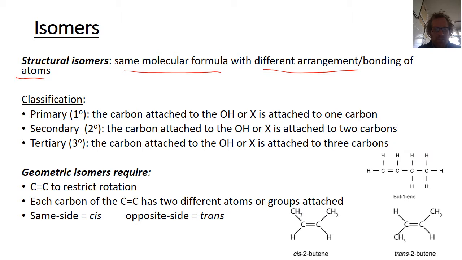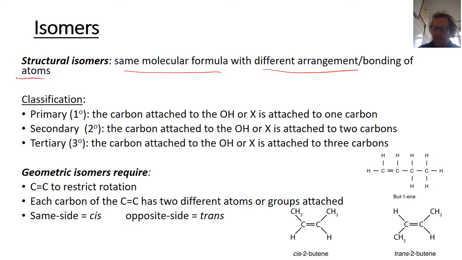The other isomerization is geometric isomers, and how for them to occur we need a carbon-to-carbon double bond that restricts the rotation around it, and that each carbon of that double bond has 2 different atoms or groups attached.